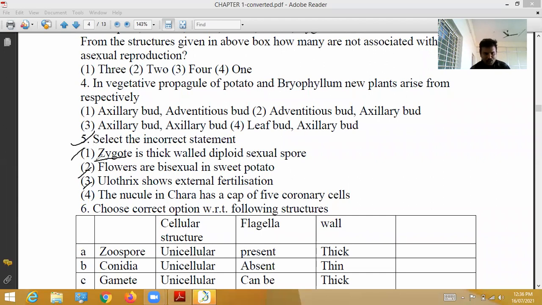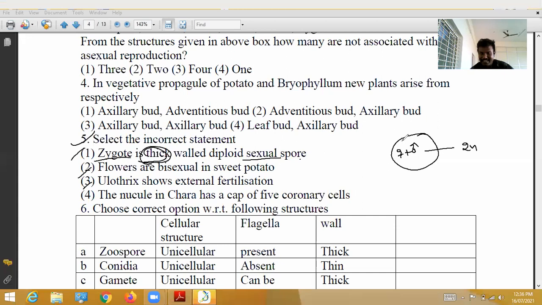Let's see. Zygote is a thick-walled, diploid sexual spore. Zygote is always diploid. In this zygote, female gametes and male gametes fuse, so that zygote is formed. But it is never thick. Zygote is always thin. That is the incorrect statement.